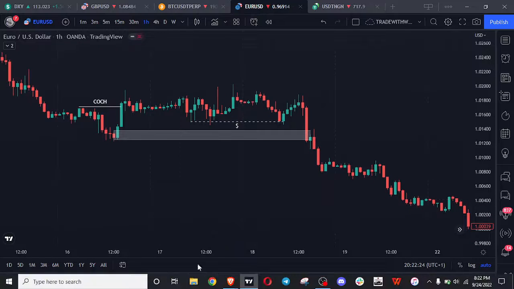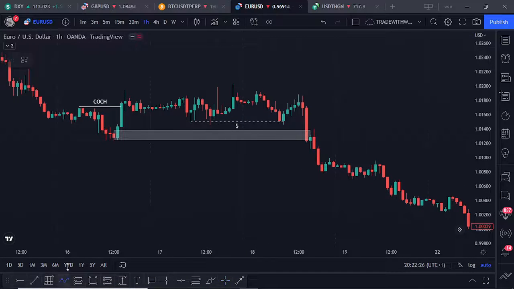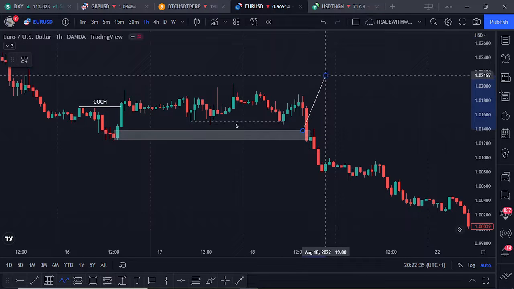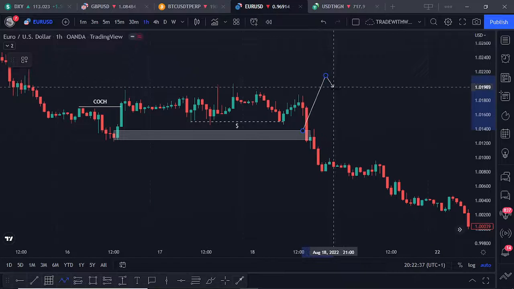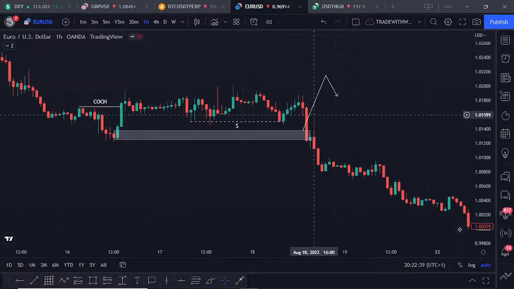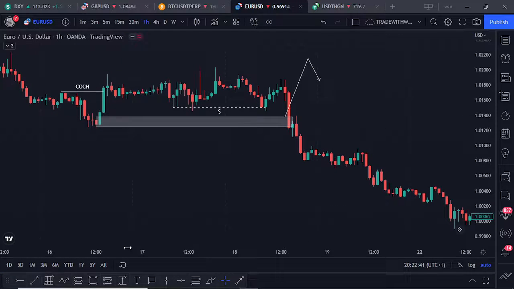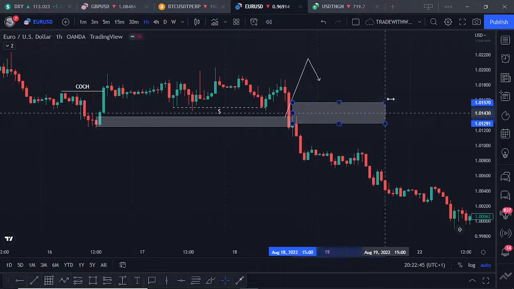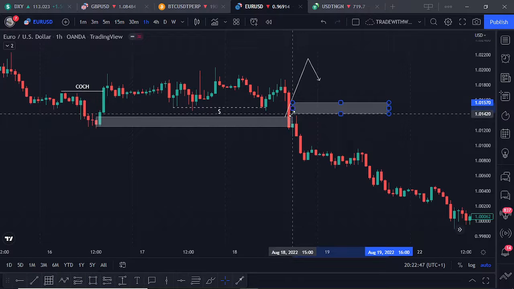So when will the next break of structure be? It should be here. The next break of structure should be somewhere here after breaking this previous high to give us a new high. Then you can be looking for valid demand zones somewhere around here for your entry. You understand?